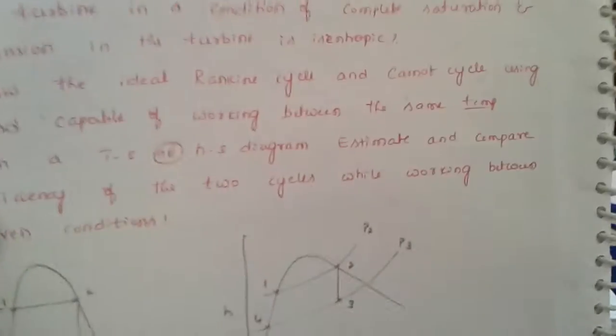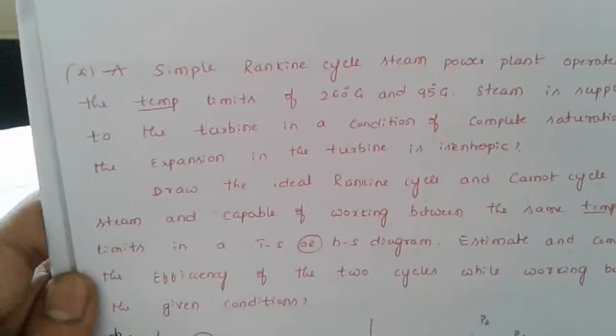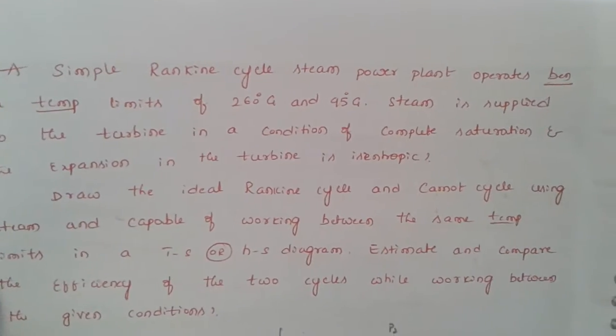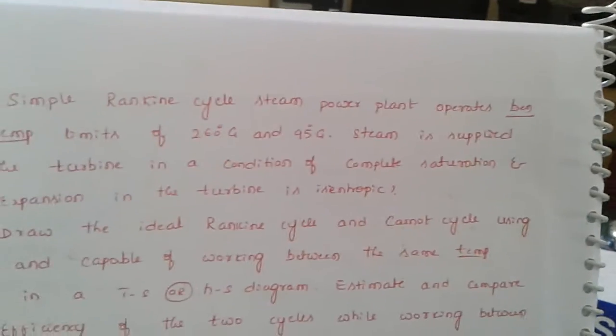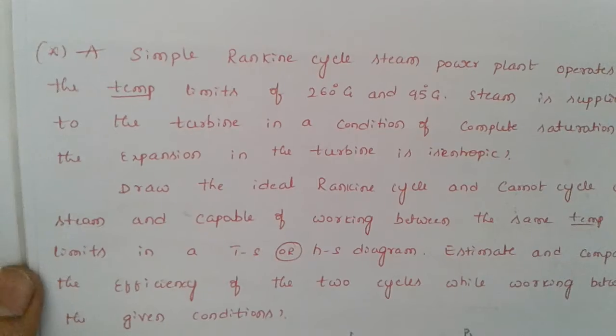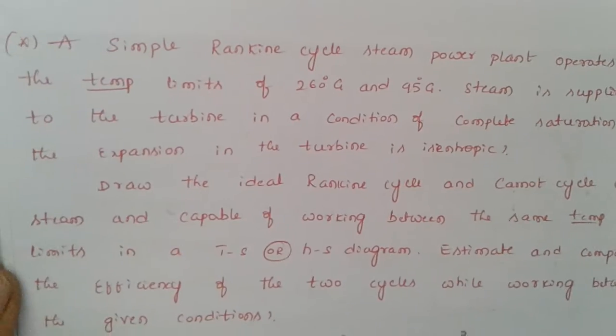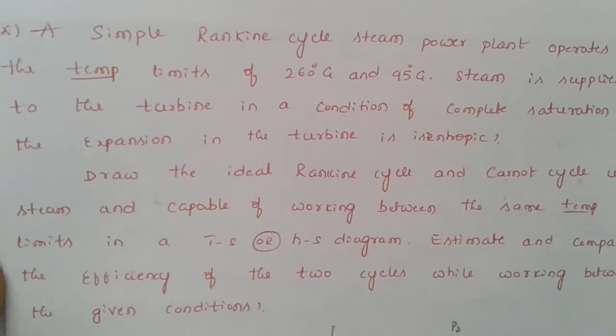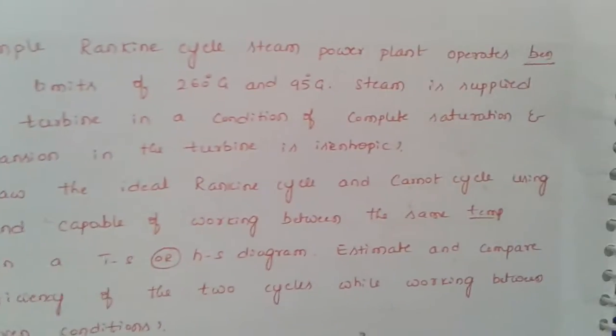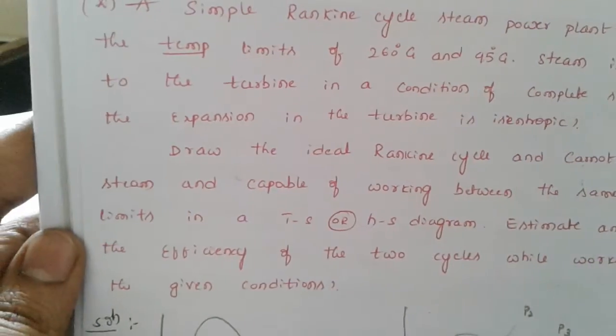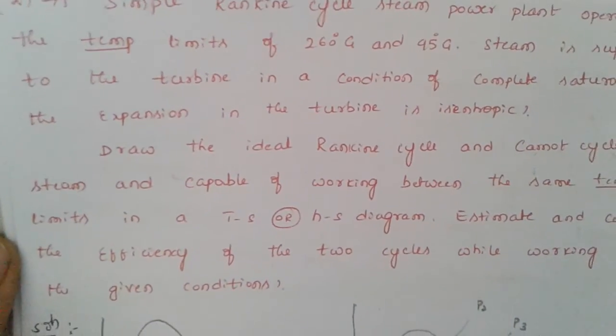Now I will read out the problem for the Rankine cycle. A simple Rankine cycle steam power plant operates between temperature limits of 260 degrees centigrade and 95 degrees centigrade. Steam is supplied to the turbine in a condition of complete saturation, and the expansion in the turbine is isentropic.